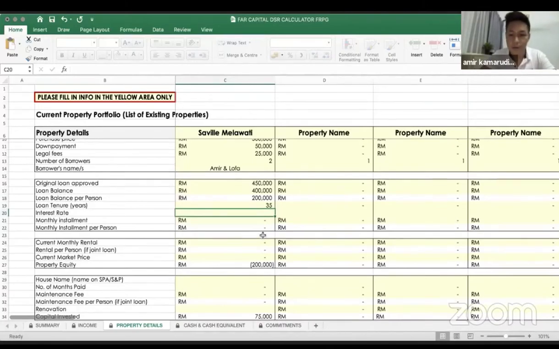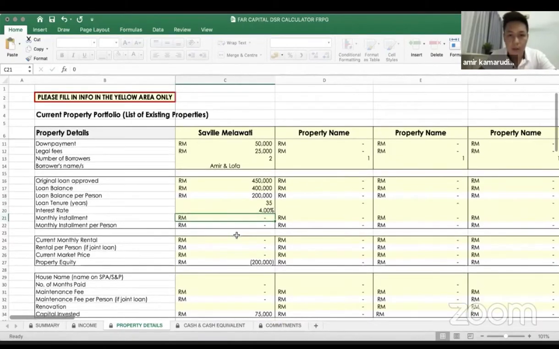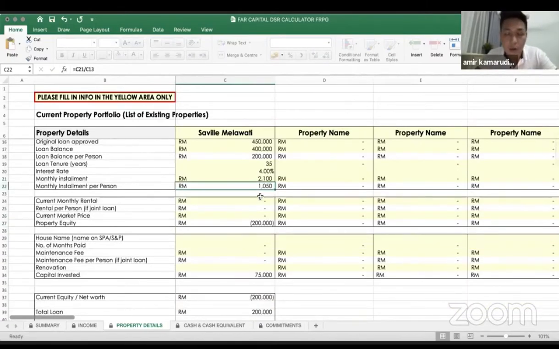Interest rate 4%. This is also for those who want to update. Monthly installment, put here 2001. Okay. For example, it will calculate automatically the monthly installment per person, divided by 2 in this case.